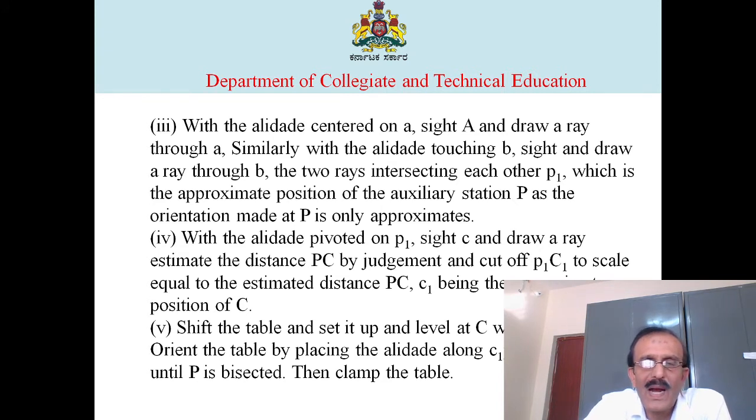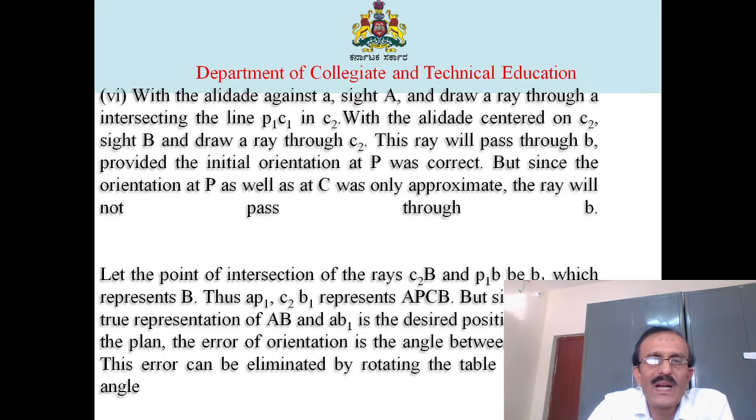Shift the table and set it up and level it at C with c1 over C. Orient the table by placing the alidade along c1p1 and turning it until P is bisected. Then clamp the table.